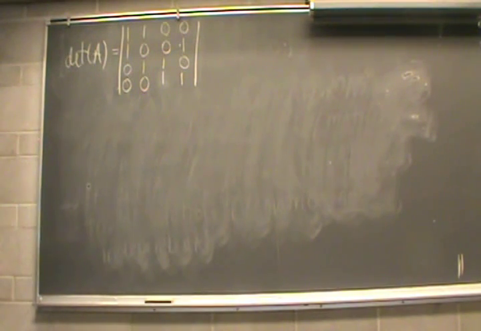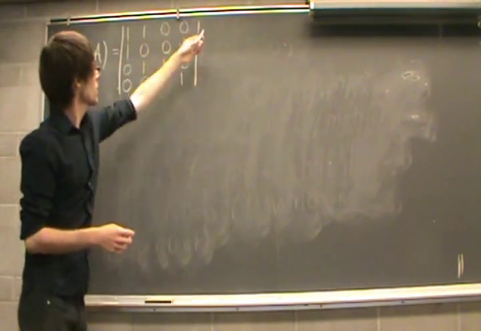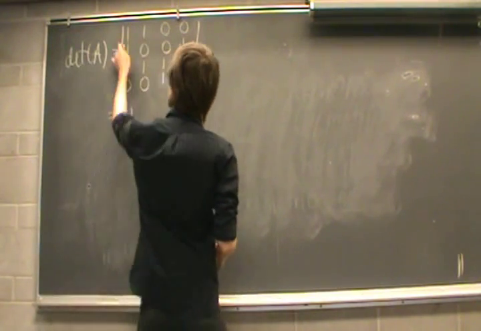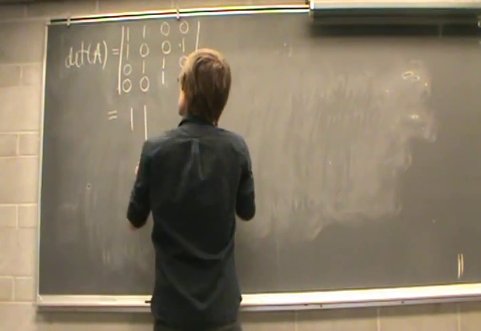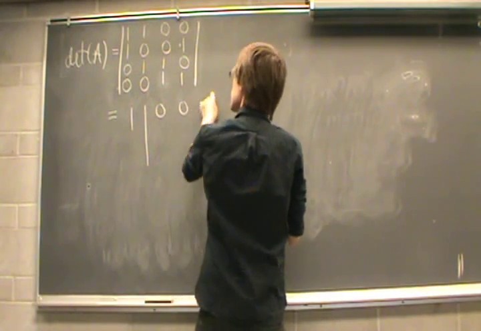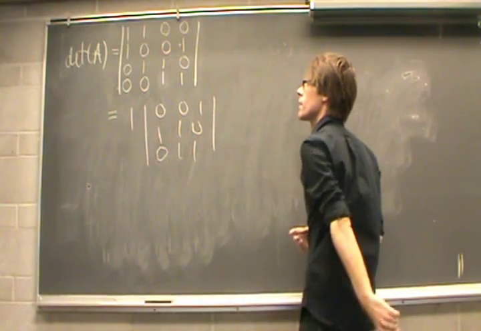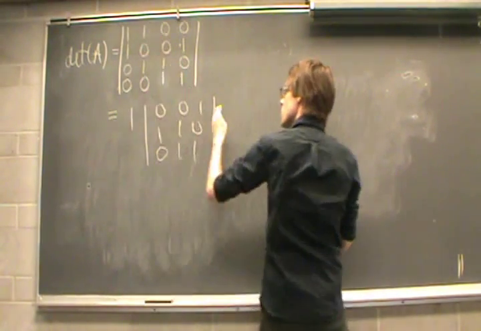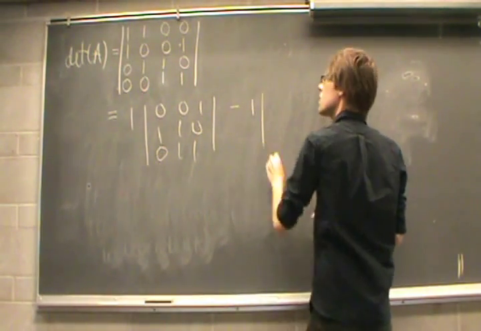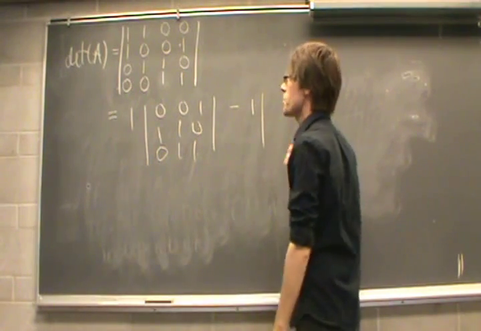What I'll do is a cofactor expansion across row number 1. So we'll get this number and this 3 by 3 determinant here, 0, 0, 1, 1, 1, 0, 0, 1, 1. And then when we move over here, we're going to get minus 1 and the minor of that particular entry.